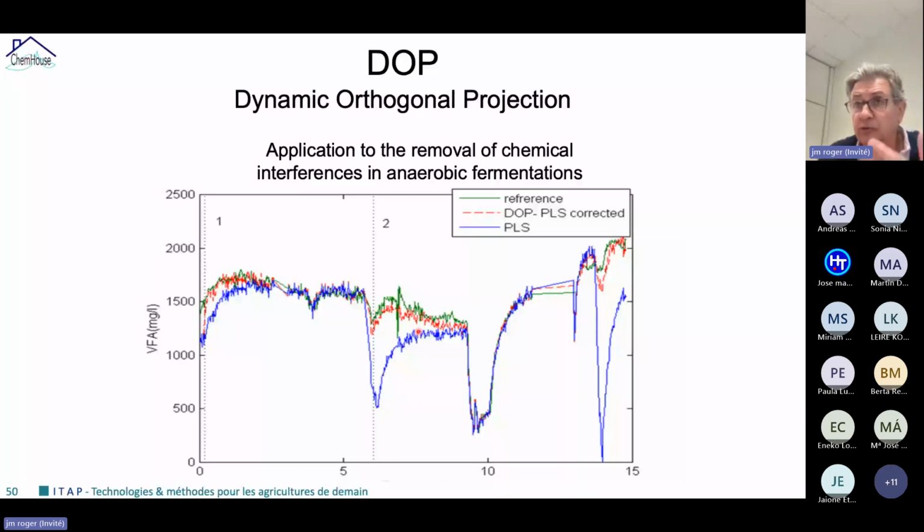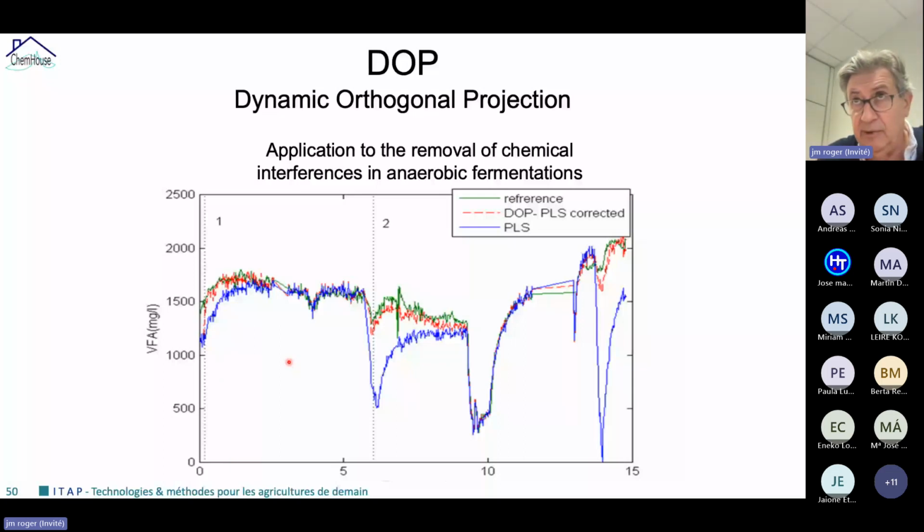And the question was how to use these control points in order to make the model more robust, to increase the robustness of the model. The first idea is to make a bias and slope correction, for example, but we have searched for more clever methods. Here we have the monitoring of a bioreactor, and here is the volatile fatty acid, which is a biomarker of the activity of the biomethane production, okay?